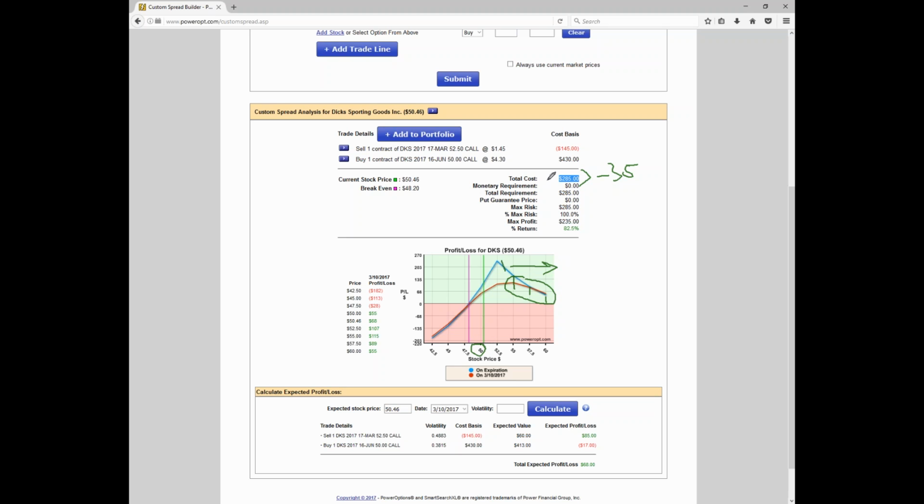If I get assigned early and I'm forced to deliver shares at 52.5, my broker gets them for me at 50, I only get 250 back. I'm at a loss of 35 cents, even if the profit and loss chart still showed I was in a profitable range. Okay, that's why we typically want to go at or out of the money.